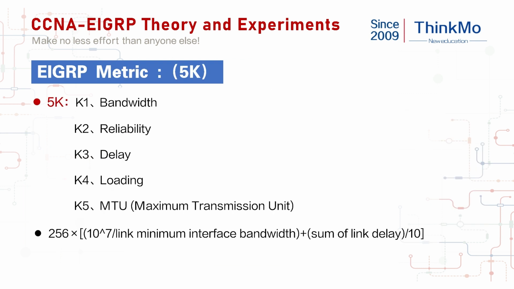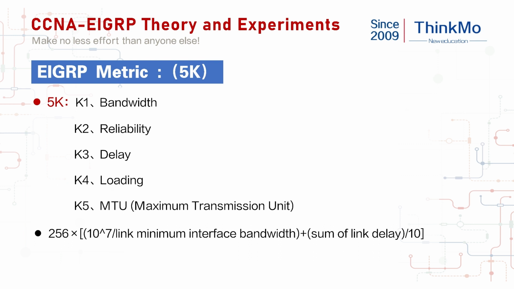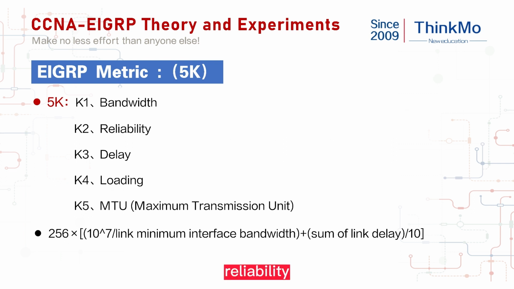Then look down. This is Cisco's metric. This 5K refers to 5 values. We haven't learned some settings yet, but you can think of K as 5 values: bandwidth, reliability, delay, load, and maximum transmission unit.